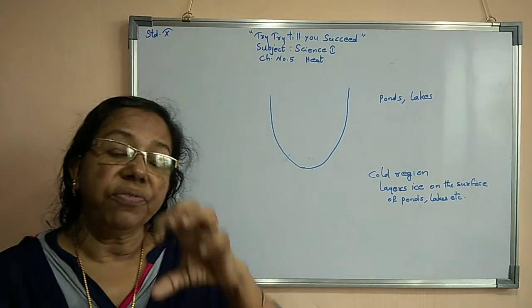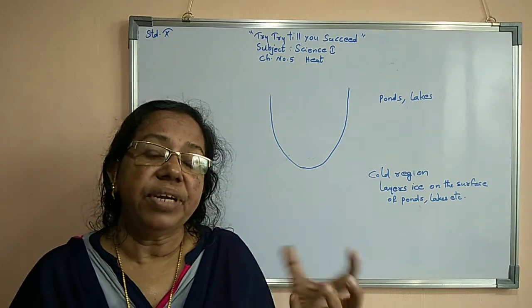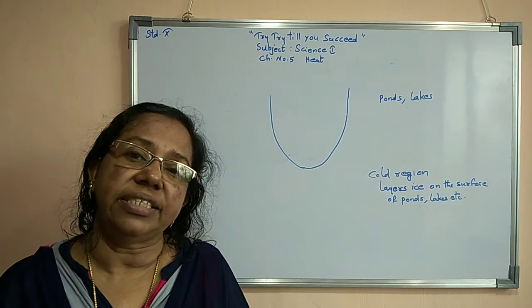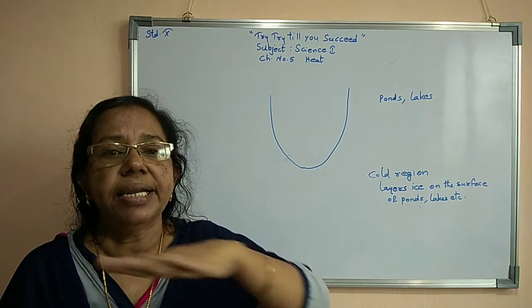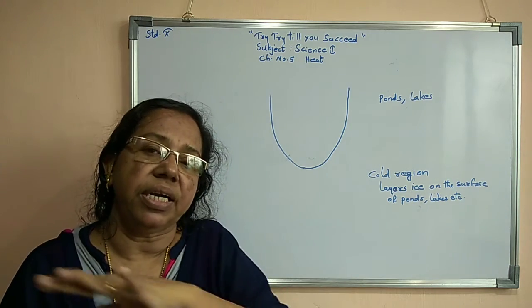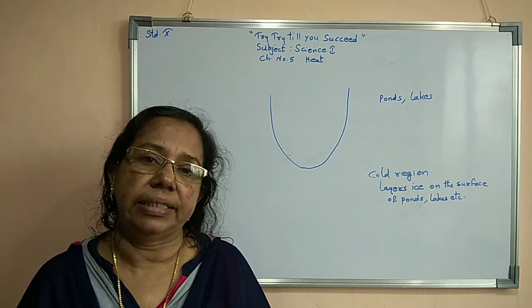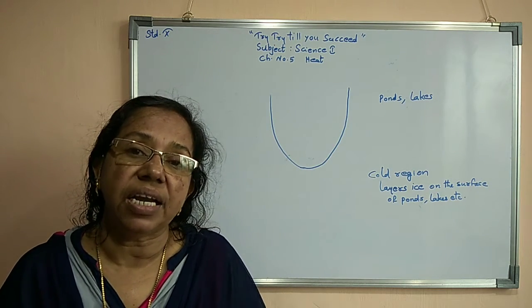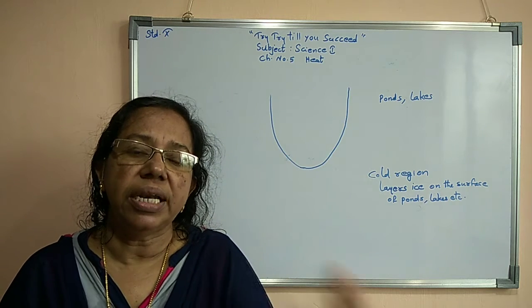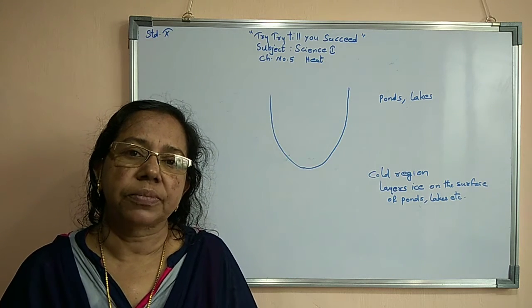Then during winter season, at night we can say that less than 0 degrees Celsius temperature will be there. As a result of it, on the surface of the water there will be the formation of ice. So we will think how the animals which are living inside that pond, lake survive.